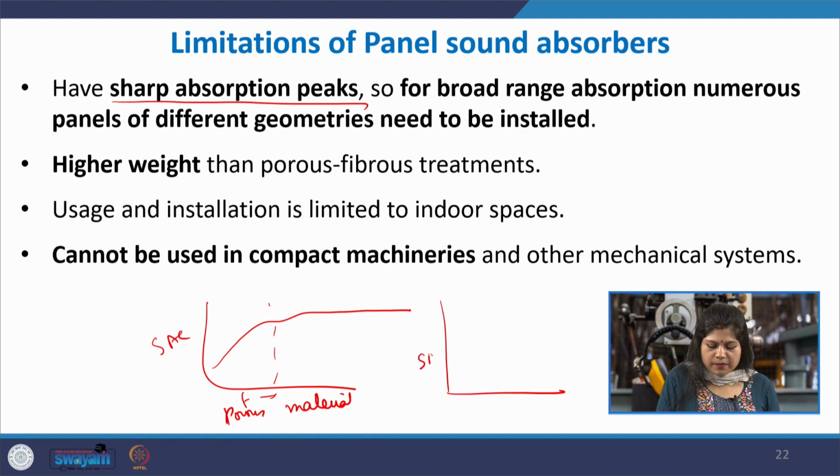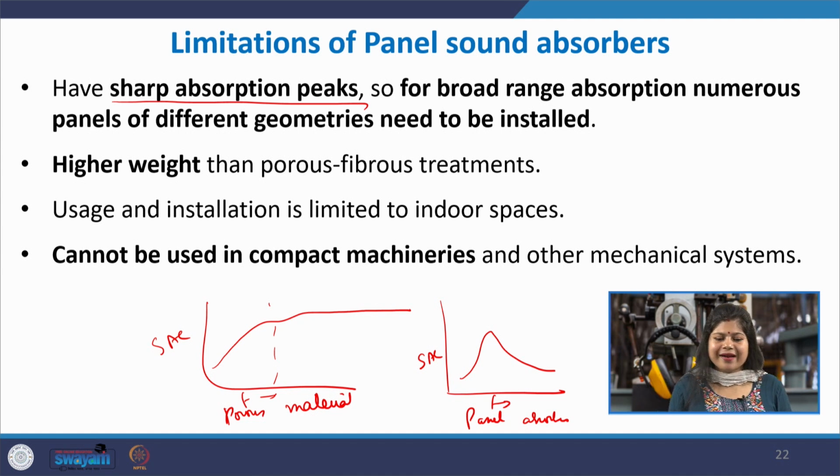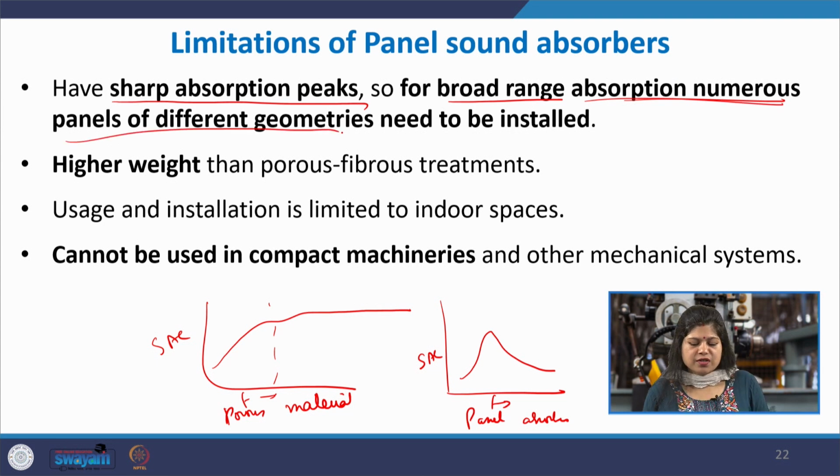But for a panel absorber, it looks like this, a sharp peak at low frequency. Which means that broad range absorption again becomes tricky and difficult. For that you need to have numerous such panels with different geometries, each of them giving a peak at a different frequency and combining them together, which again is not practically feasible. So, broad range absorption is very difficult.